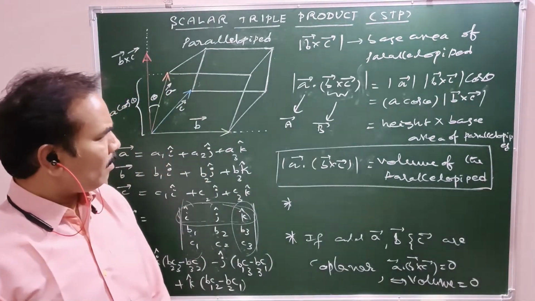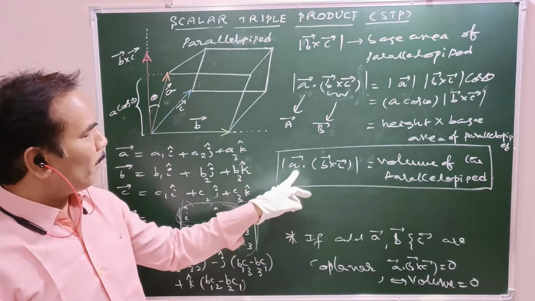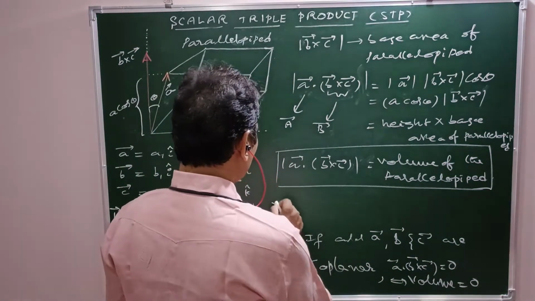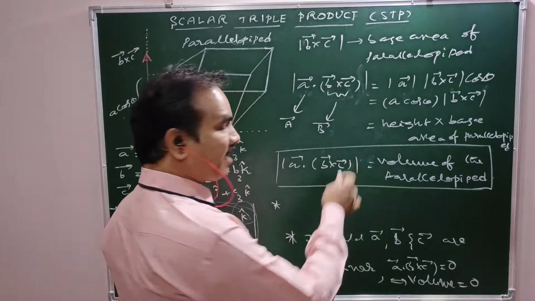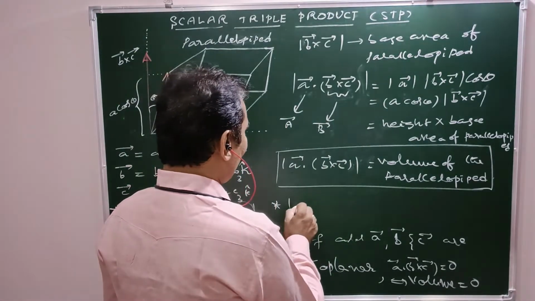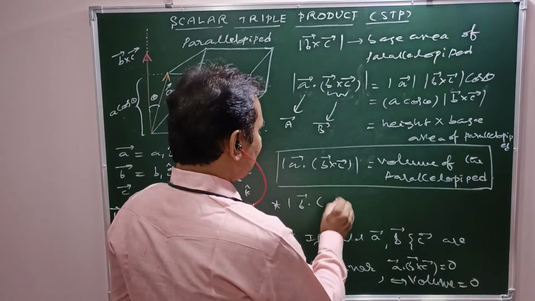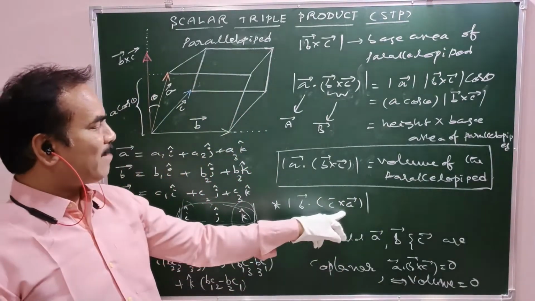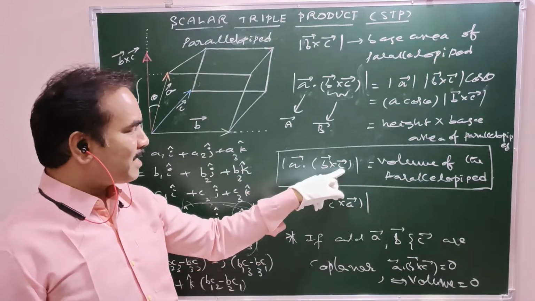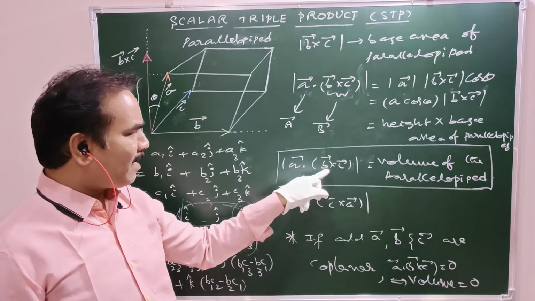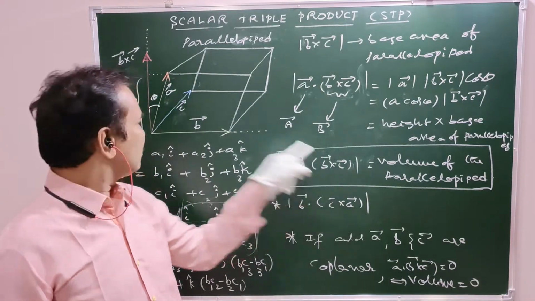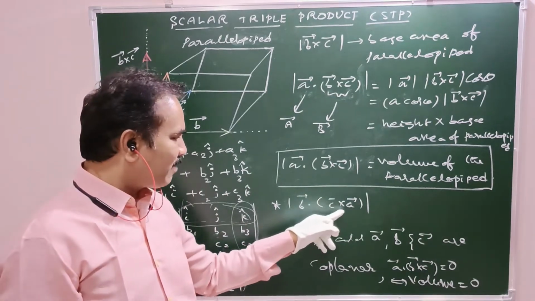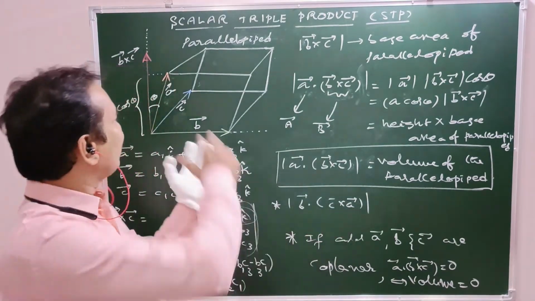Right? Okay. Now what about B bar dot, here it is A bar dot B bar cross C bar. If I take mod B bar dot C bar cross A bar, here C bar cross A bar means the bottom plane contained by these two vectors, C and A, with some other orientation.